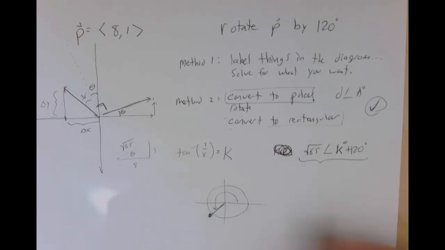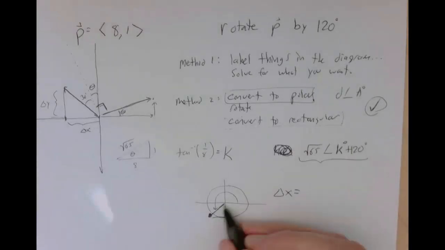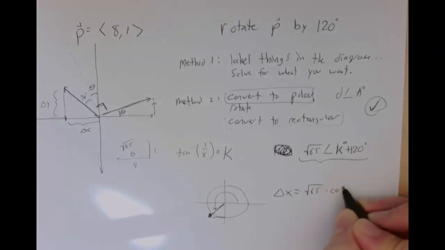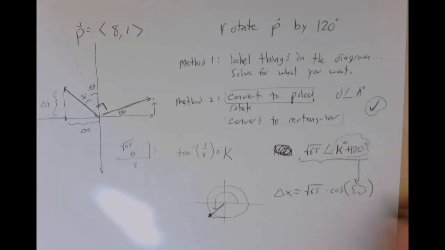And you know that this length is root 65. So the delta x, just like we did earlier, is going to be this length, which is root 65, times the cosine of whatever that angle is. And delta y is root 65 times the sine of whatever that angle is.